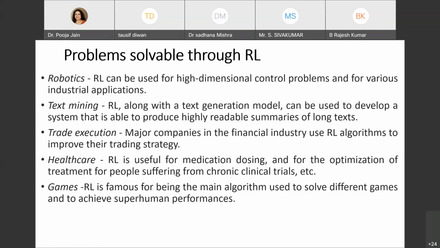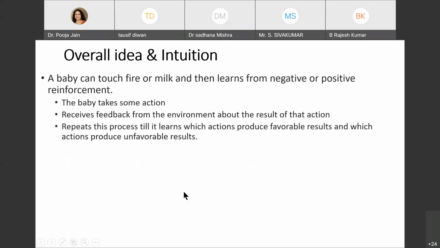All these problems come under the reinforcement learning category. We just need to ensure that some sort of sequence is there, and each output is considered a decision, and these outputs come at different time steps. Then you can go with reinforcement learning.